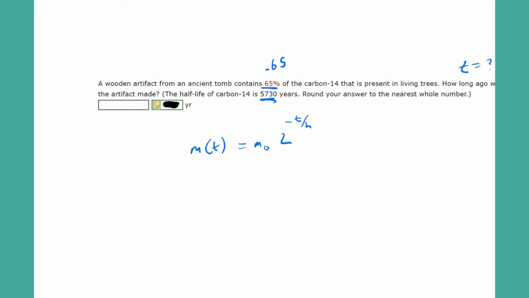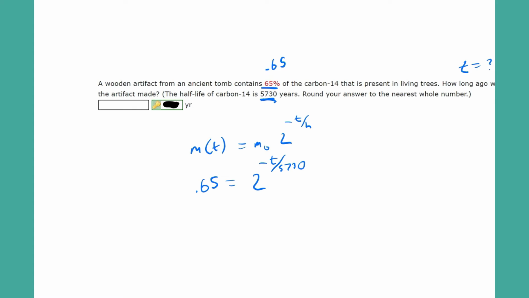Okay, so we know that 65 remains, and the t is the time, which is, I'm sorry, that's half-life. So t, that's what we're looking for. The half-life is 5730.